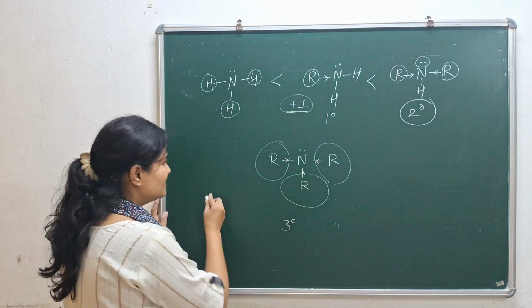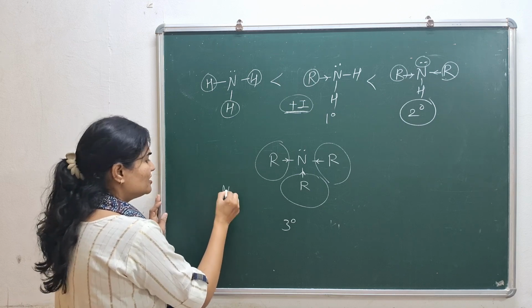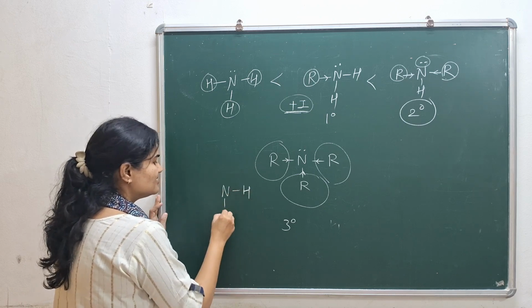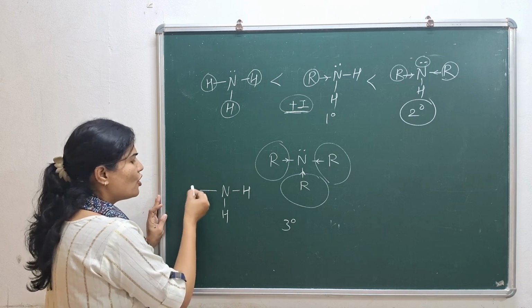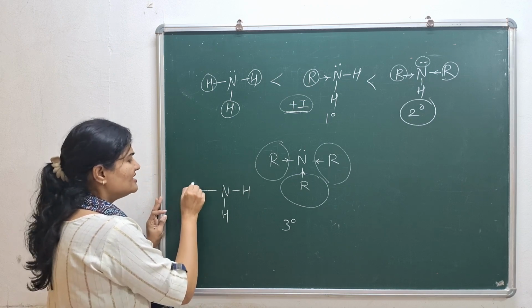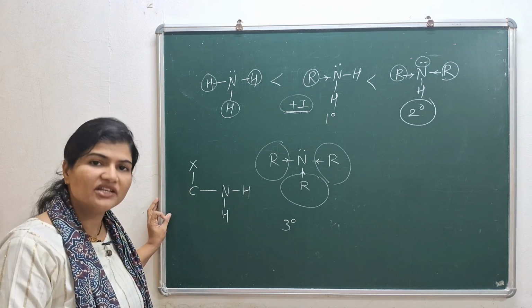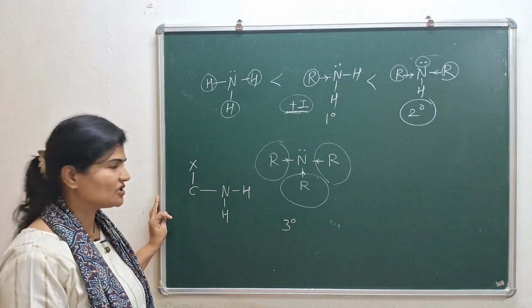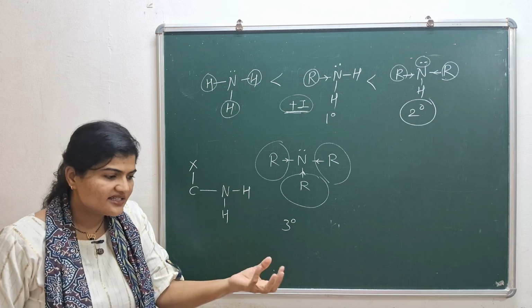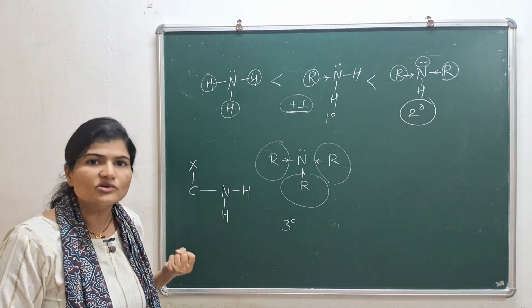Now imagine a condition where your amine is attached to a carbon which is substituted with certain negative inductive effect exerting groups like halogen. Halogen has the tendency to attract the electrons towards itself.